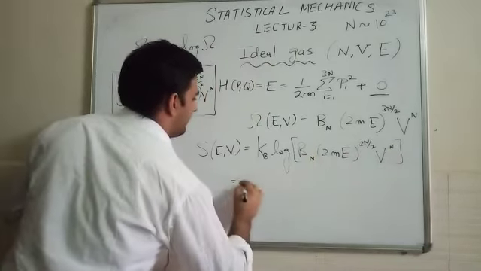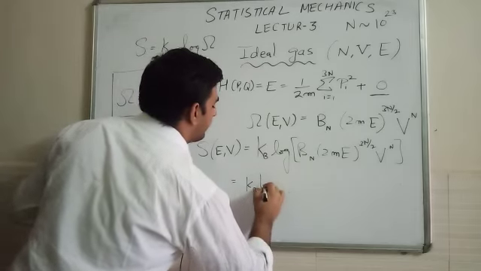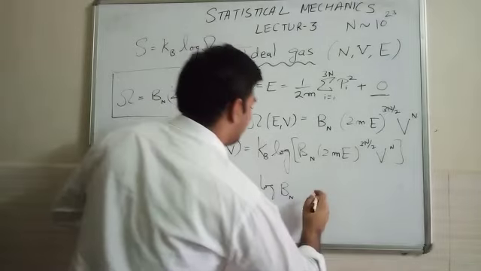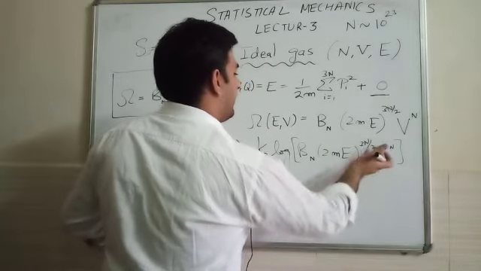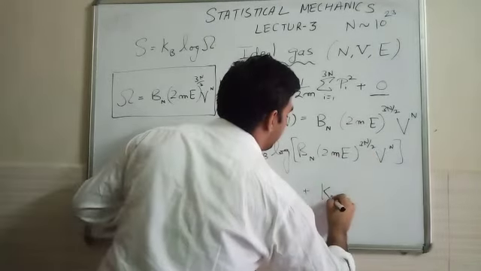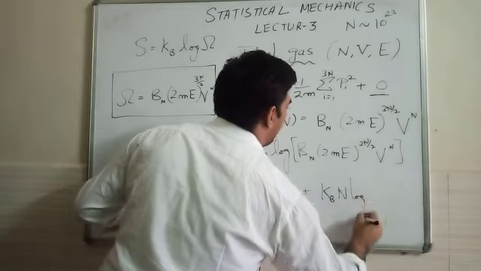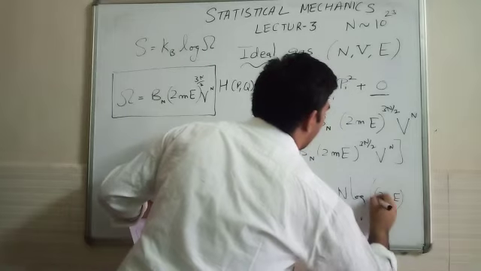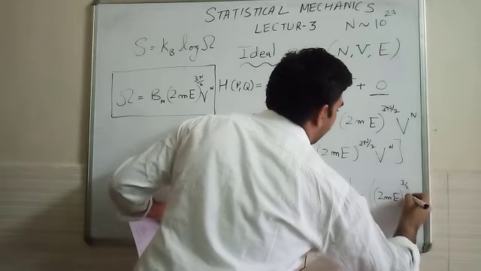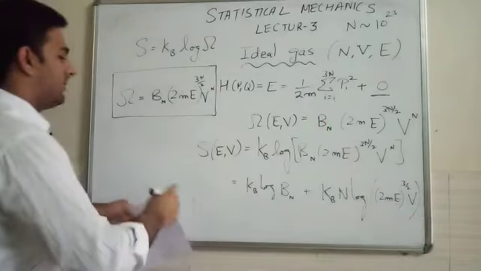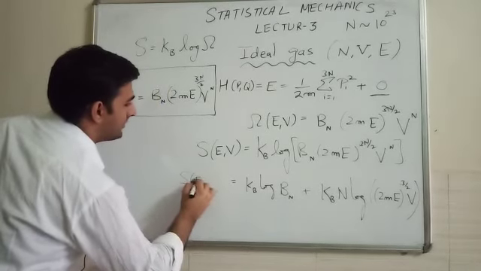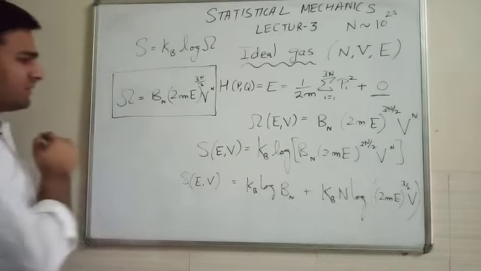So this equals kB ln Bn plus, n coming out, kB n log of (2mE)^(3/2) V. So that's the entropy as a function of energy and volume.